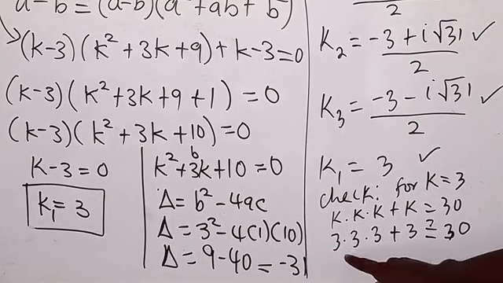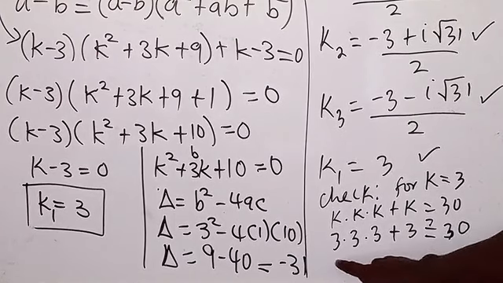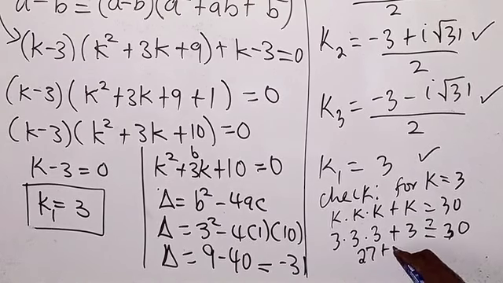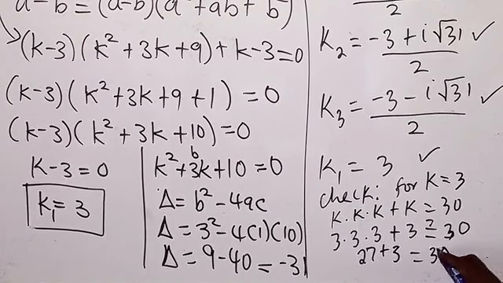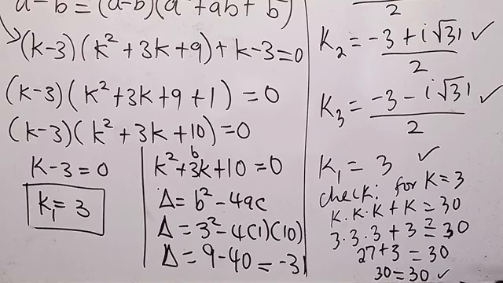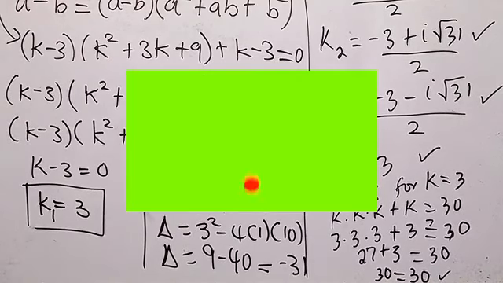Let's check. 3 times 3 times 3 is 27. Then 27 plus 3 gives us 30. So we have 30 equals 30, right? So therefore, that's the end of the class.